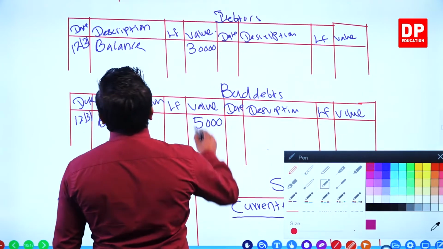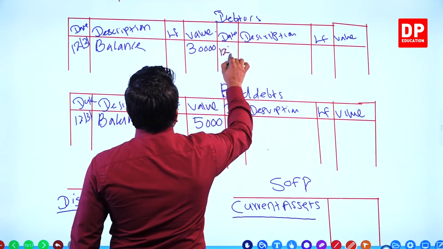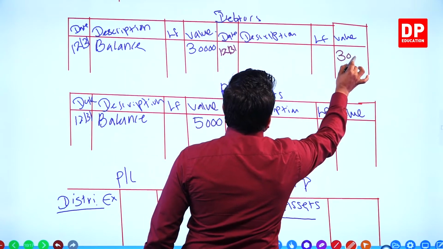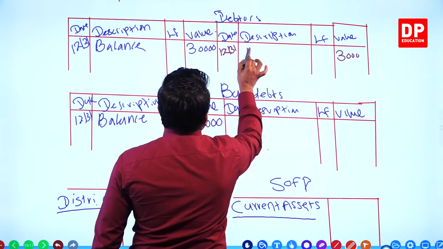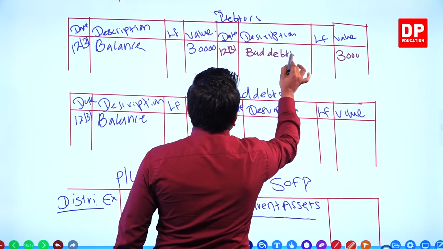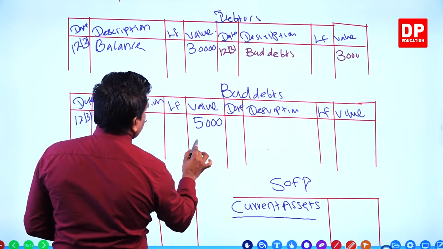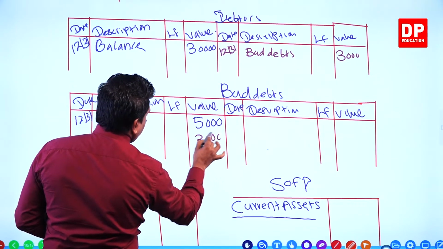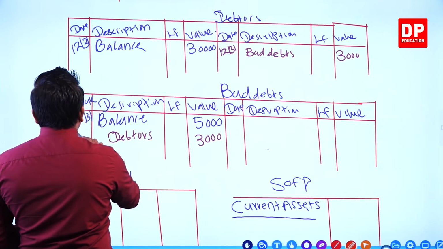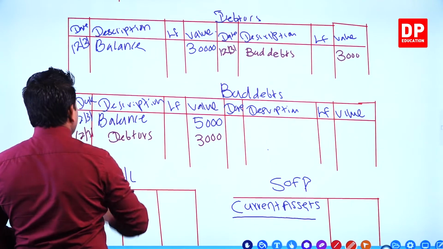Then on 12/31st, you remove 3,000 out of this as bad debts. Debtors account credit, you write as bad debts. In the bad debts account, you put 3,000, and there you write as debtors.